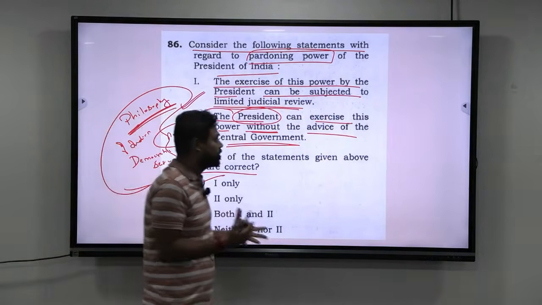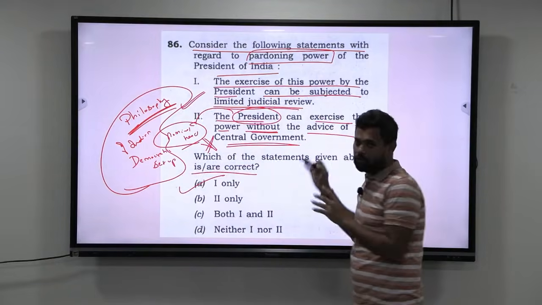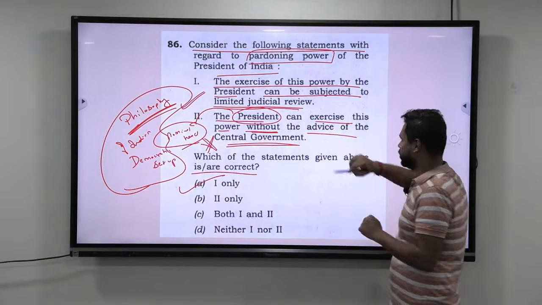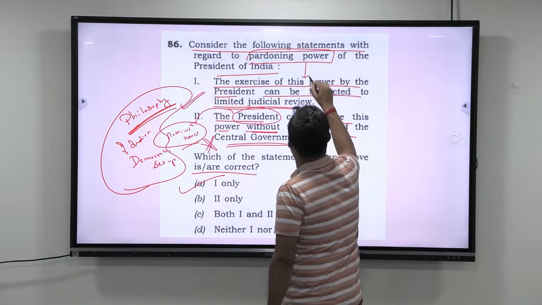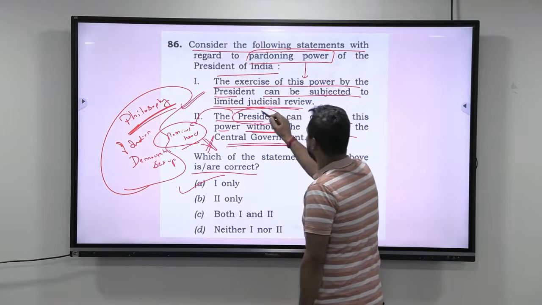But now let us come to the exactness of the procedural part of this question. The exercise of this power, that is the pardoning power by the President, can be subjected to limited judicial review.